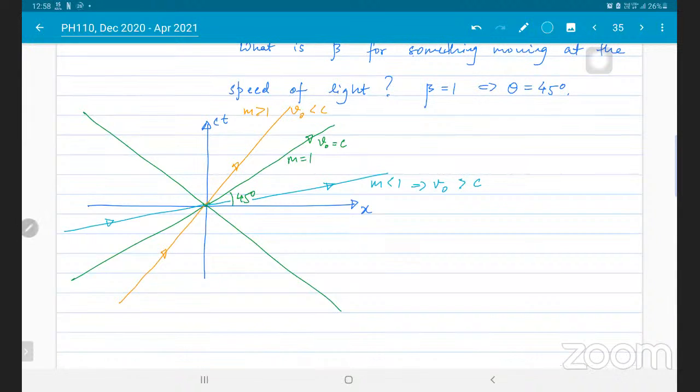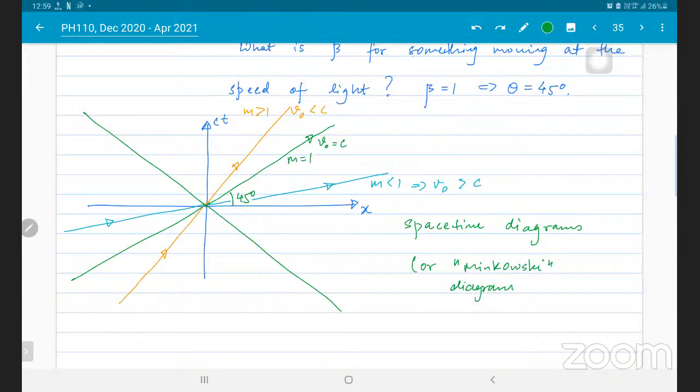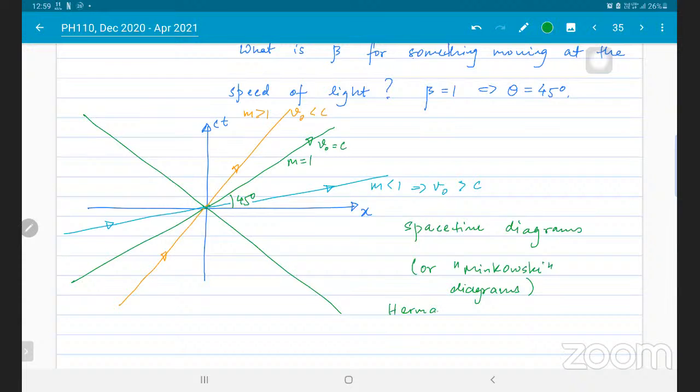Okay, so these diagrams are called space-time diagrams, also known as Minkowski diagrams, in honor of a mathematician called Hermann Minkowski, who gave this space-time picture of relativity some years after Einstein's papers in 1905.